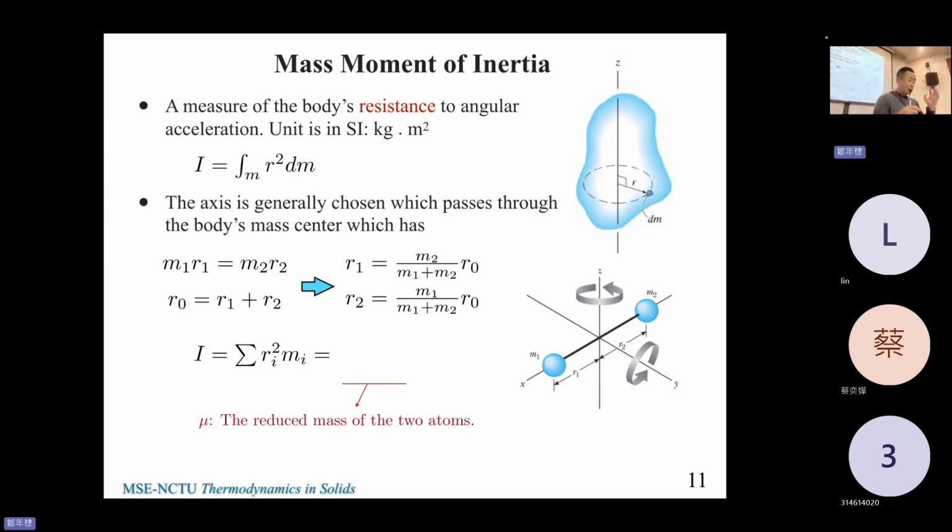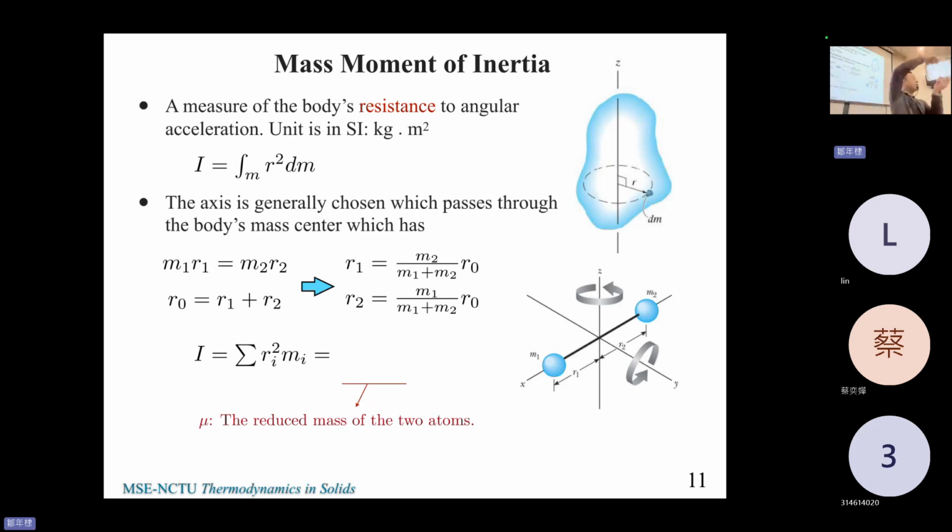And the rotation is also related to the axis. For example, if you took my mechanics of material course, I talked about whether it is easier to rotate along the axis penetrating the centroid.